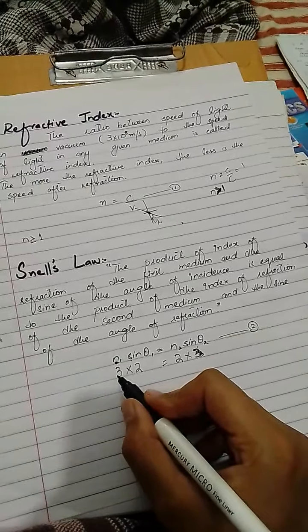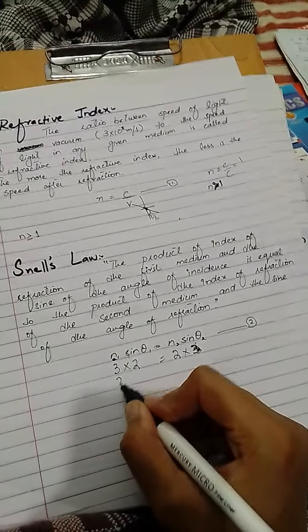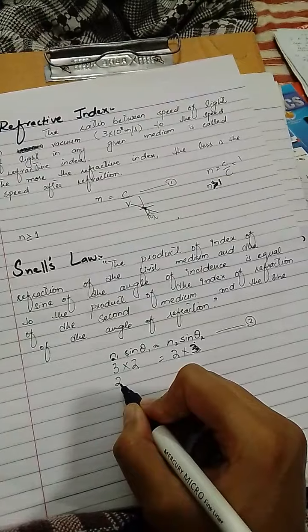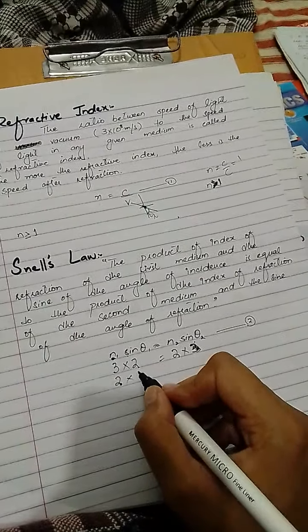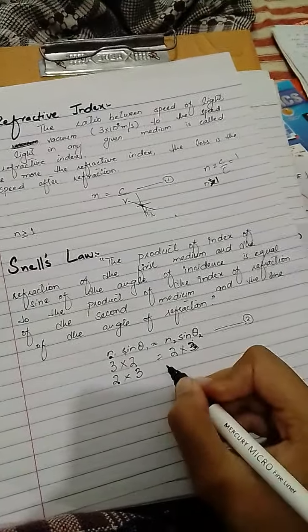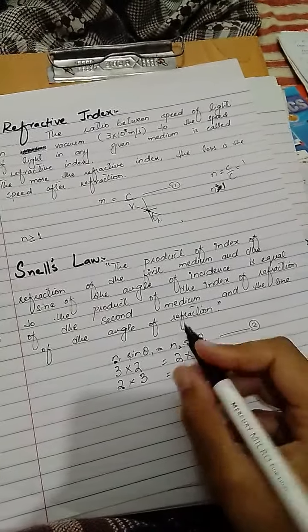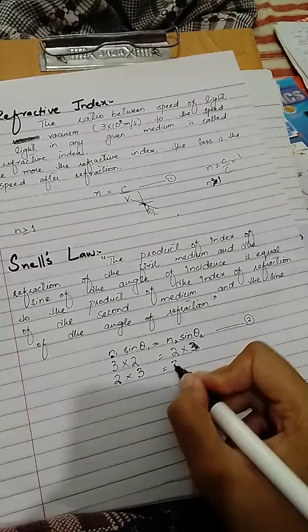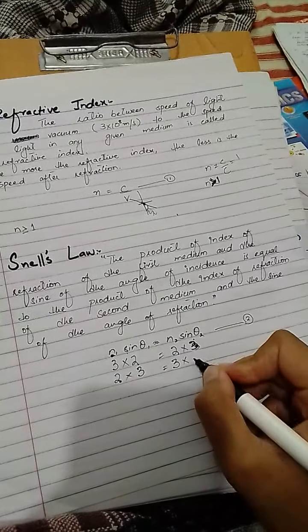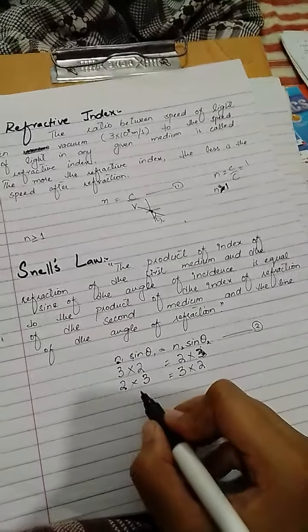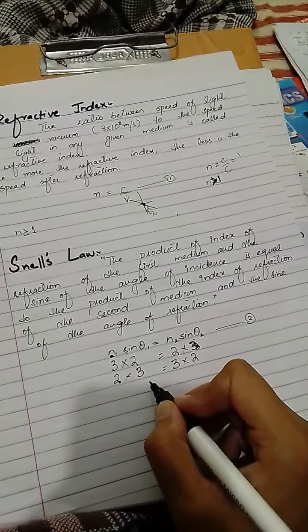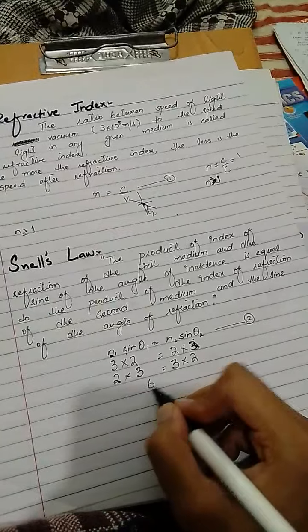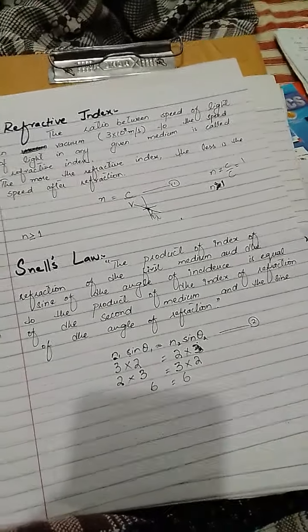If this 3 changes into 2, if the refractive index changes into 2, then the sine theta I would become 3. And if this n2 changes into 3, this sine theta 2 would become 2 to maintain the equality between each other. So the resultant would eventually be 6 in either case.